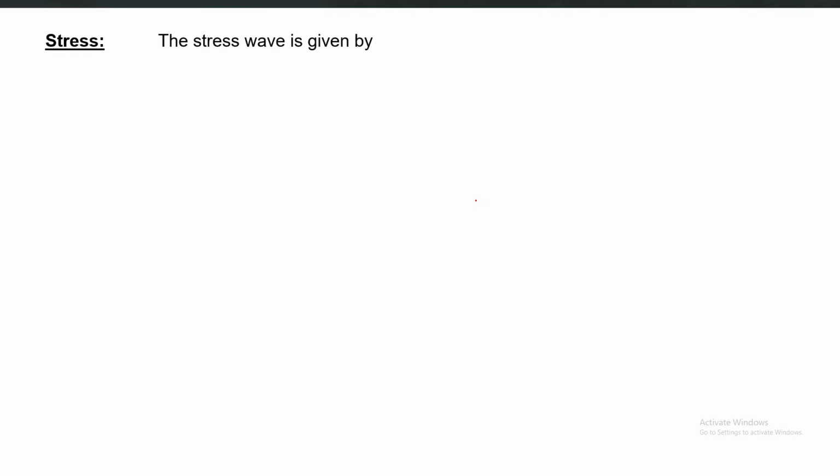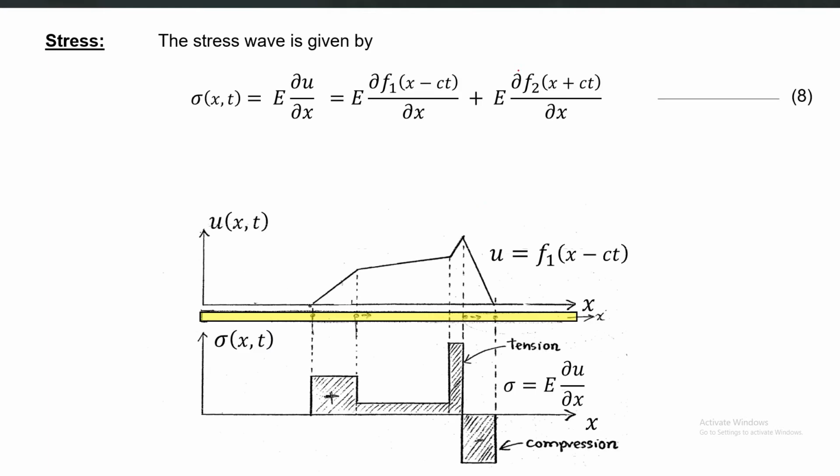The stress wave, because we know now that when a wave travels, not only the disturbance moves or travels, but the stress in that material also moves or travels. So that stress we know already is equal to the Young modulus times the displacement gradient.